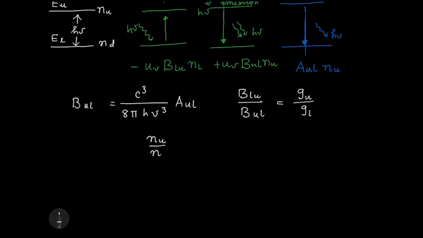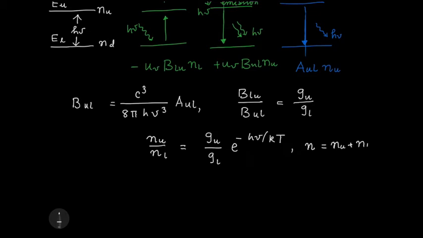You also remember that from the Maxwell distribution, if these atoms are in thermal equilibrium, then N_u by N_l will be given by g_u by g_l times e to the minus h nu by kT, h nu being the difference between the two energy levels.